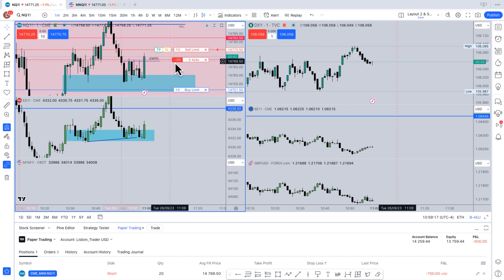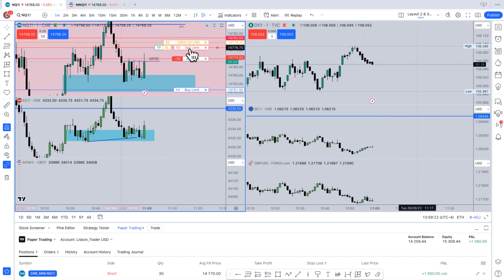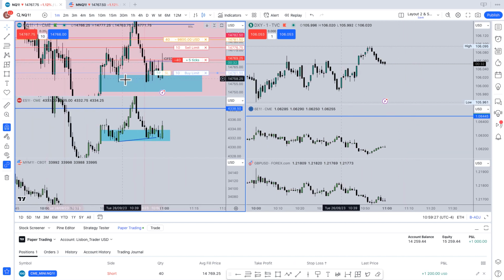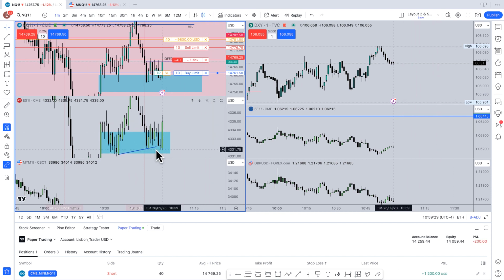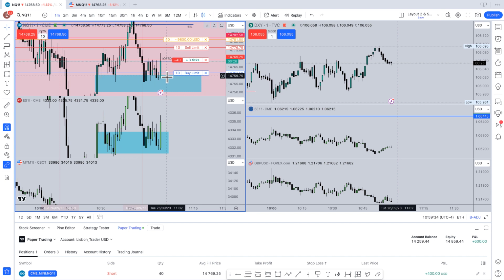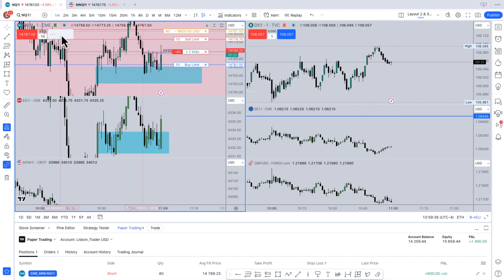Another institutional order flow entry drill, which does not help. So what do we have here? Yeah, SMT on the lows. Let's buy some more time.